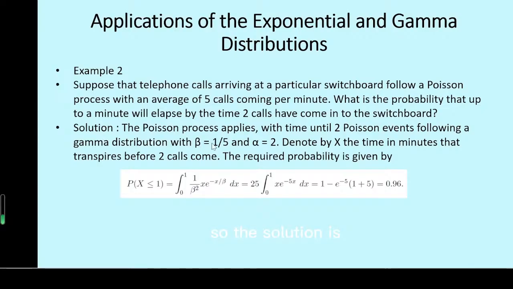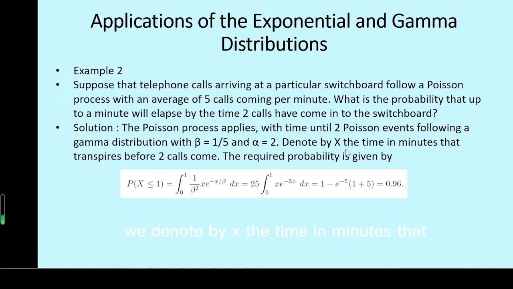The solution: this is a Poisson process, and the time until 2 Poisson events follows a gamma distribution, right? Here alpha equals 2, with a gamma distribution with beta equals 1/5, because on average 1 minute has 5 calls, so the average time between events is 1/5. And alpha equals 2. So that's easy.